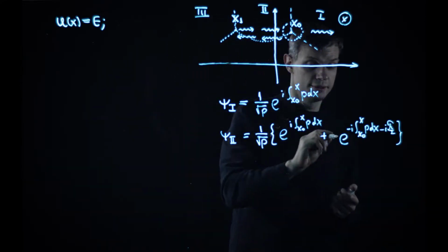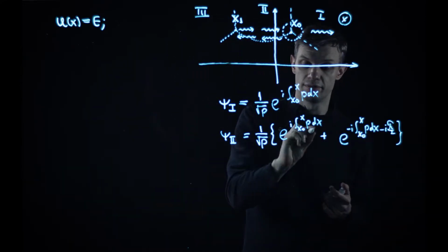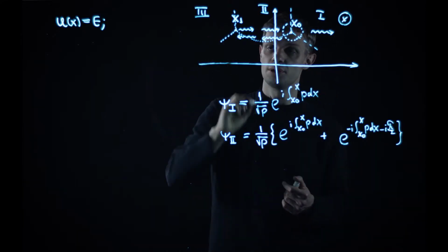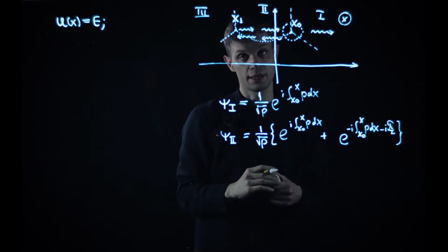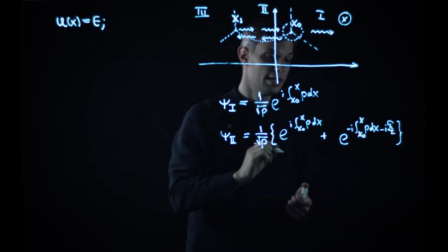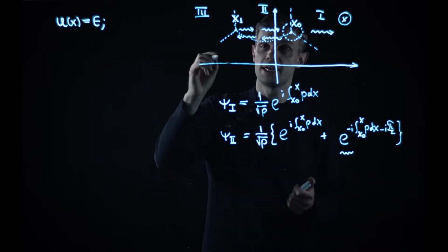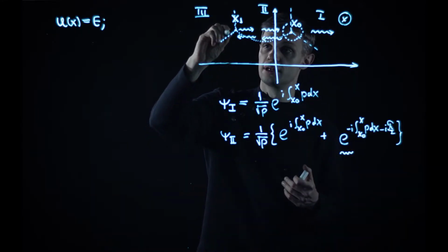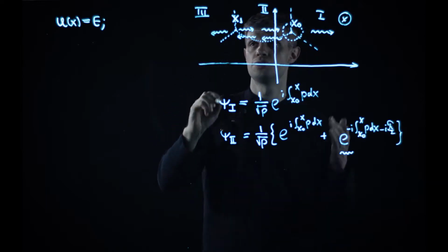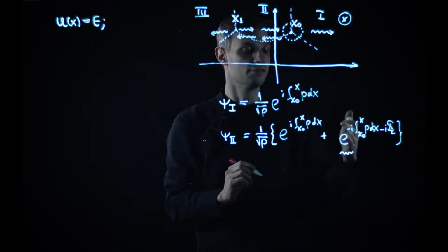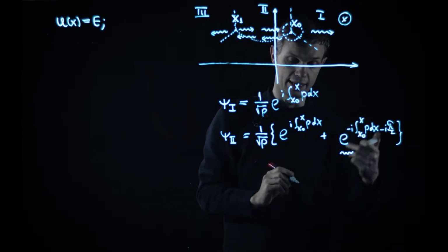Let's figure out what is happening with both of these waves in the vicinity of the turning point x1. It will be your homework to show that the reflected wave is turned again into the reflected wave when we turn to region 3. So there is no reappearance of the wave with plus sign.